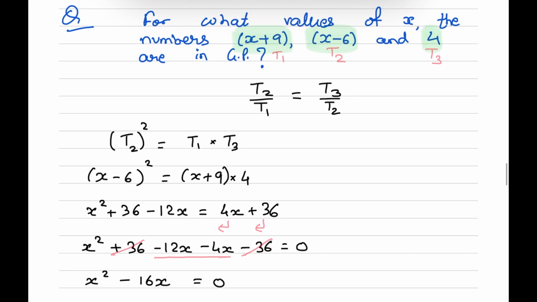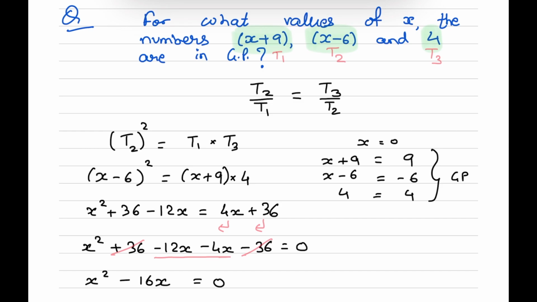So if we use x equals 0, then our numbers x plus 9, x minus 6 and 4 will become 9, negative 6 and 4. So these numbers are in GP.